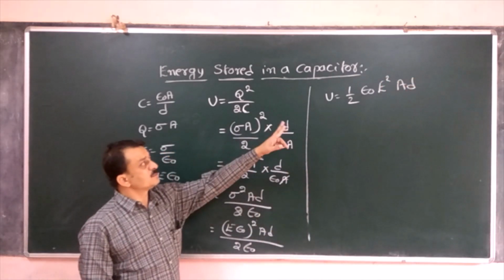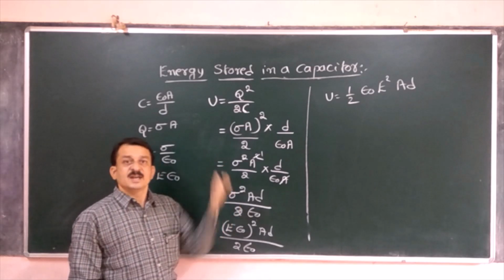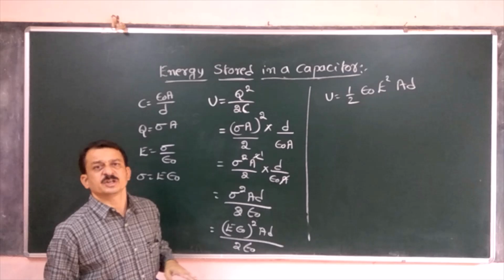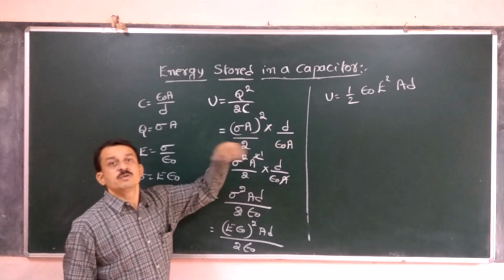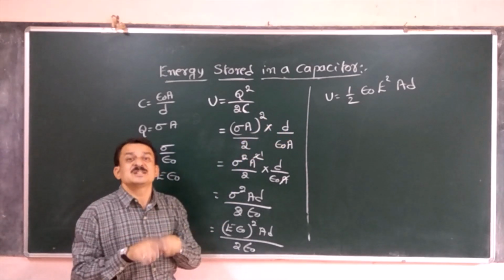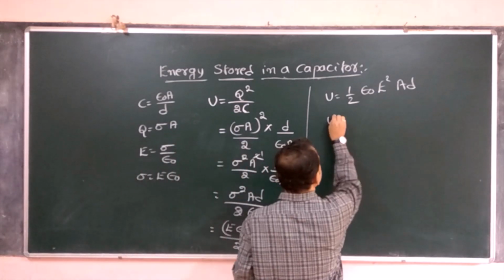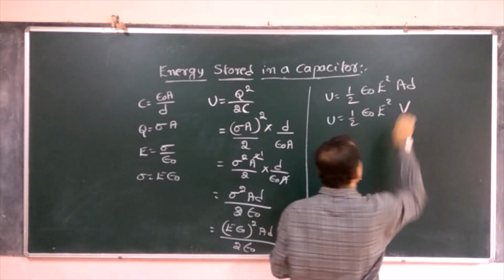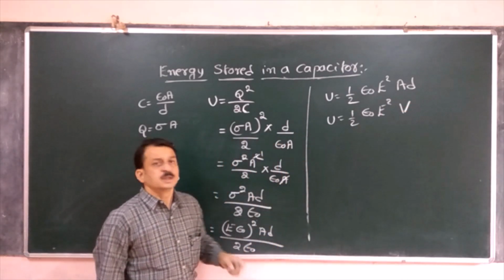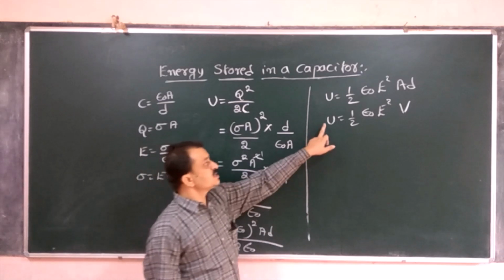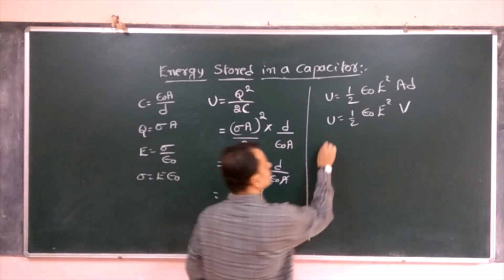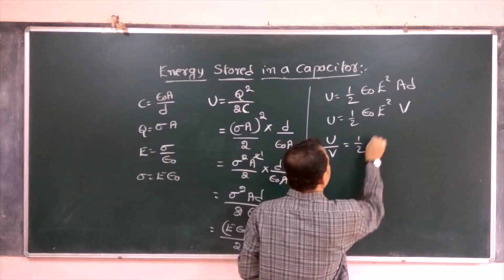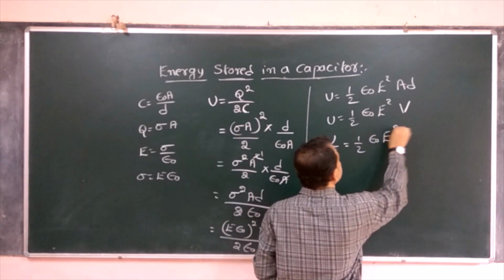Now carefully look at the term A into D. A is area of cross section of each plate and D is the distance of separation. If you multiply A into D, we get the volume of the space between the two plates. Therefore U is equal to half epsilon naught E square into volume. Now the energy stored per unit volume is half into epsilon naught E square.